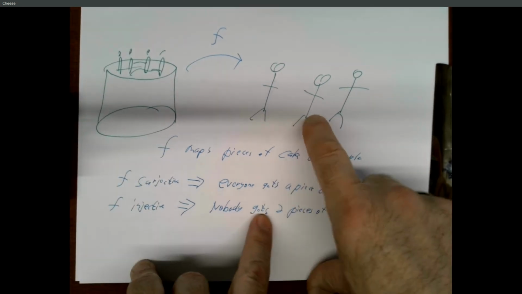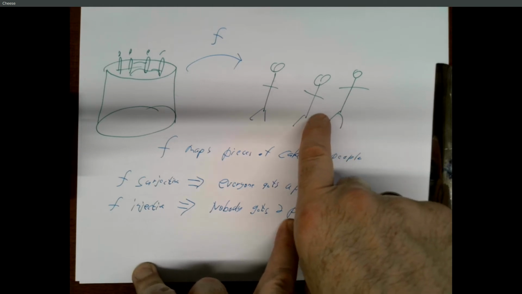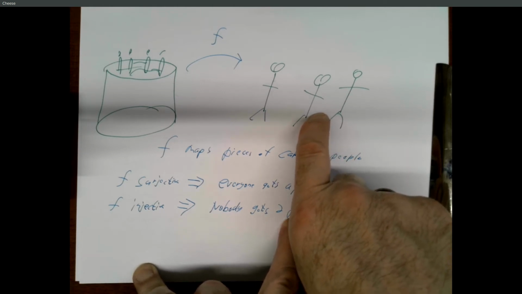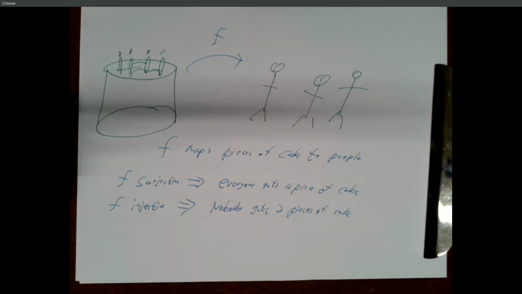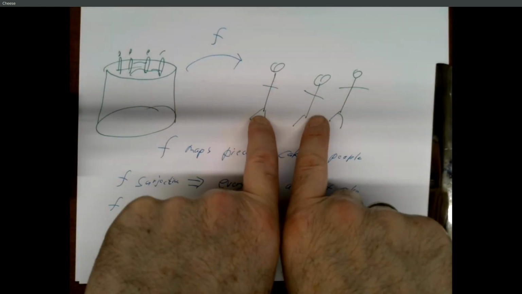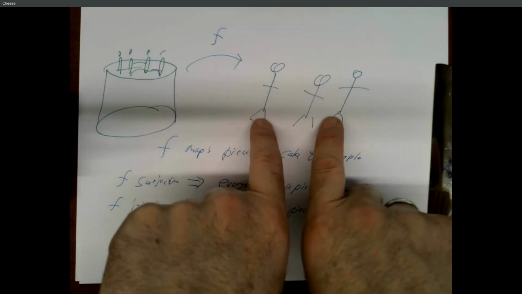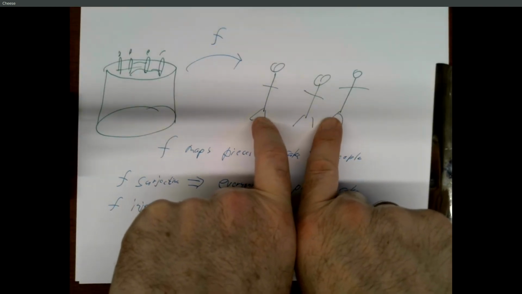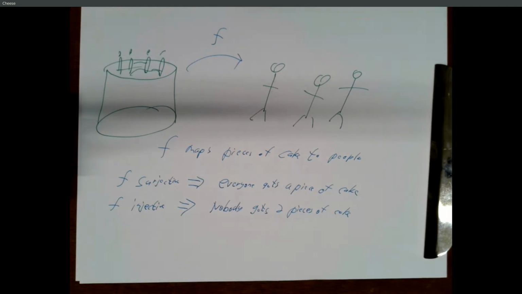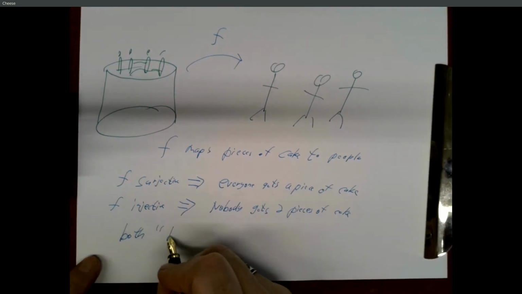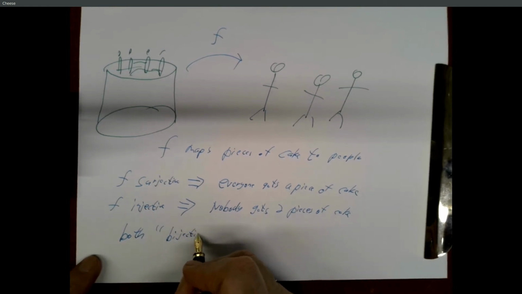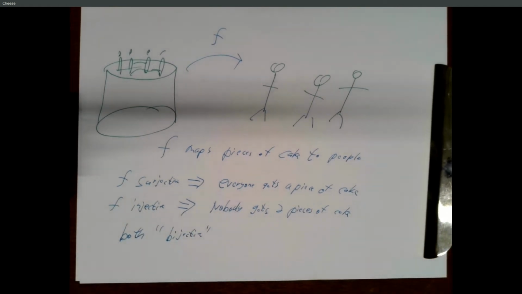So to say it's injective means nobody's getting two pieces of cake. So if you think of your map or your function f as: take a piece of cake, hand it to whoever that's mapped to. Surjective means everybody gets mapped to, everyone gets a piece of cake. Injective means nobody gets more than one piece of cake. And it can be both. If it's both, then it's bijective, or one-to-one and onto.